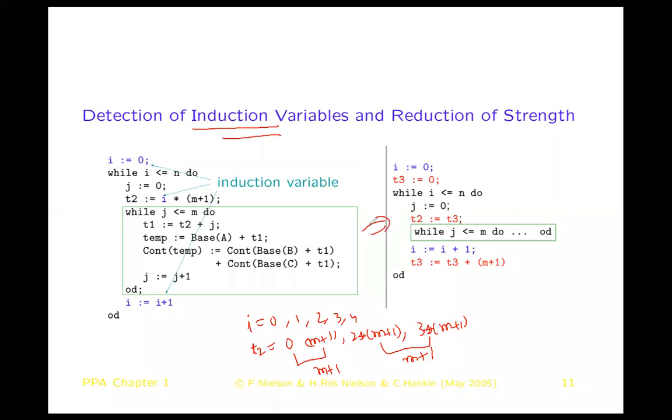You can see the multiplication operation is eliminated, and an addition operation is introduced. This whole inner while loop is summarized in this small box, because we are not touching it. The code transformations are happening in the outer while loop, but the inner while loop just remains as it is.